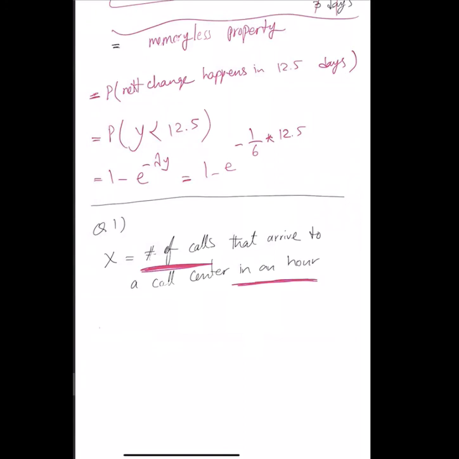Can you tell me the corresponding exponential I can define here? The average time between calls, or just the time between consecutive calls that are made to a call center.